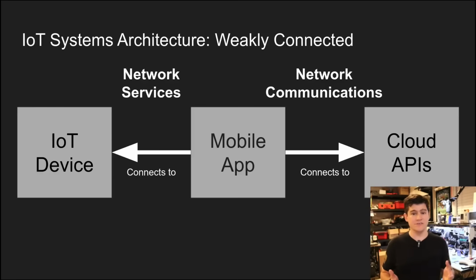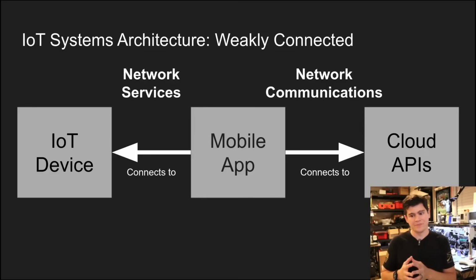Very commonly, you'll see this be Bluetooth Low Energy, just because all smartphones today are guaranteed to have a highly functional Bluetooth Low Energy stack, and it makes it really easy for developers to write an application that's going to work on all mobile devices and can communicate with their device and pull data off of it and push data to that IoT device.